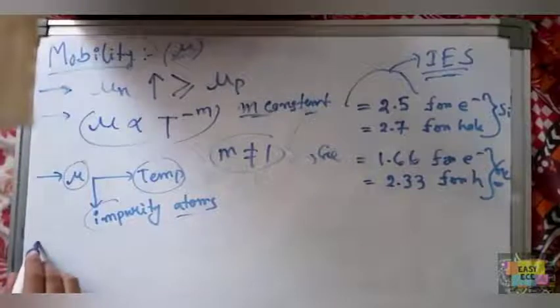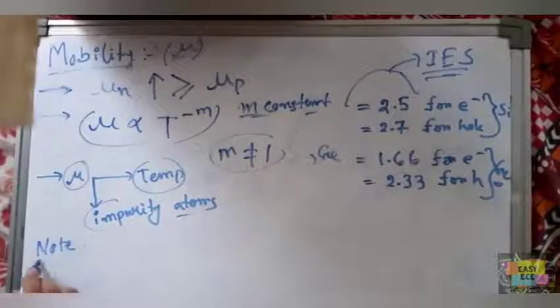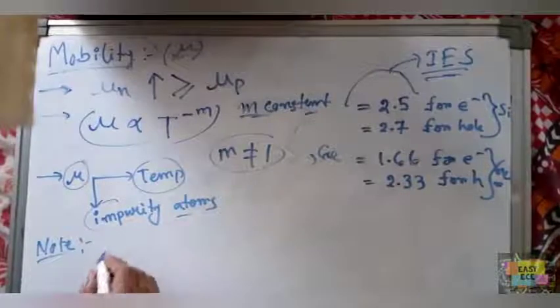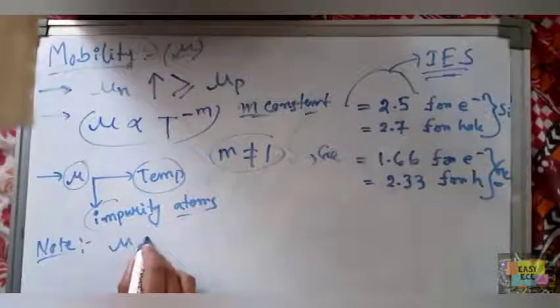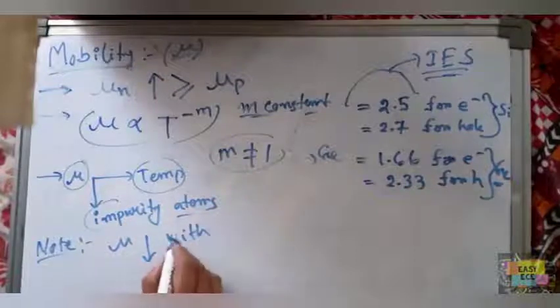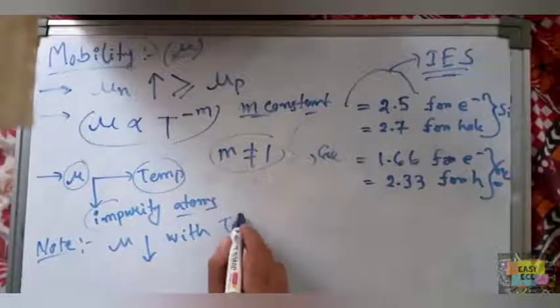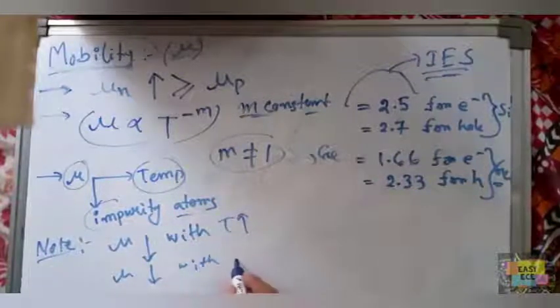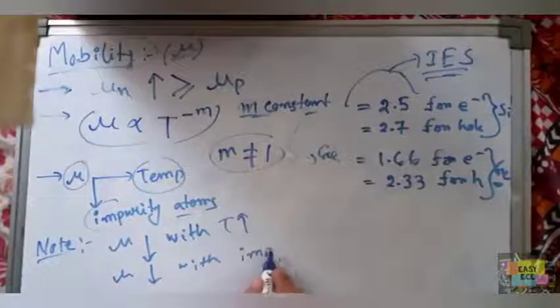Now you can note down the note here. Mu decreases with increasing temperature. And another point is that mu decreases with increasing impurity atoms.